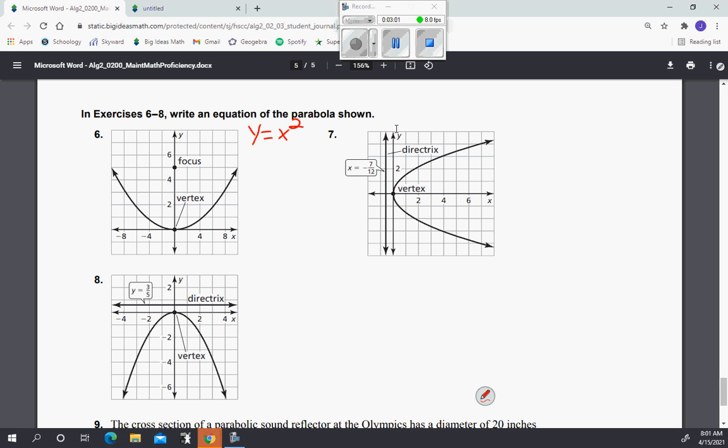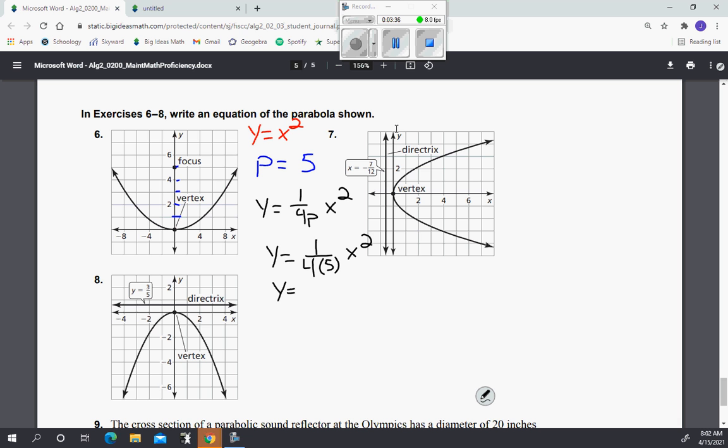Okay, now, they give us the vertex right at 0, 0. And we know the focus is 1, 2, 3, 4, 5 units away. So we know P is equal to 5. In our equation, y equals 1 over 4P x squared, we're just going to plug in 5 for P. Y equals 1 over 4 times 5 x squared.